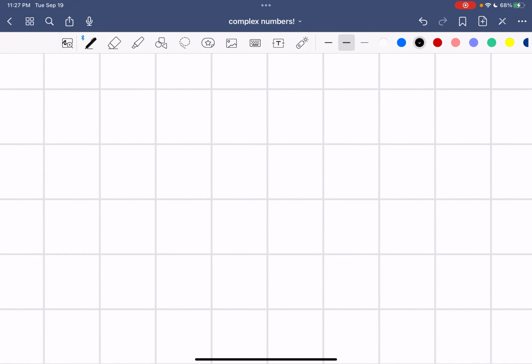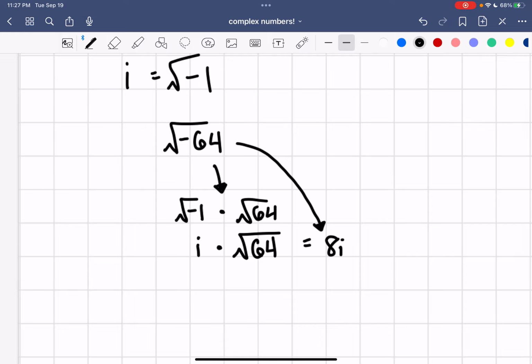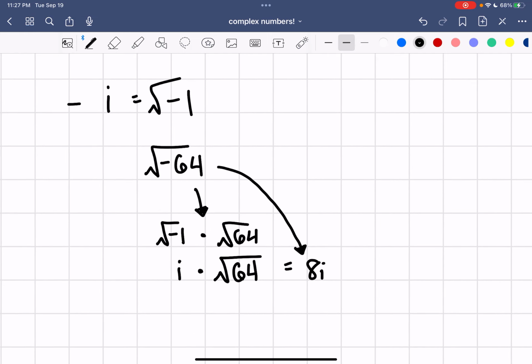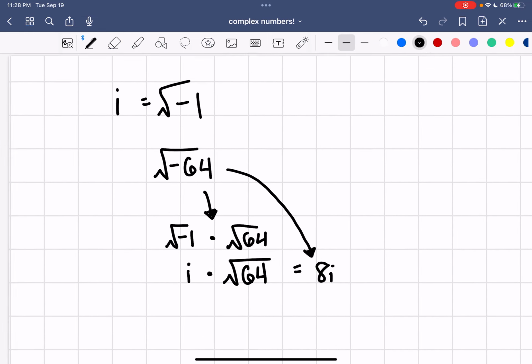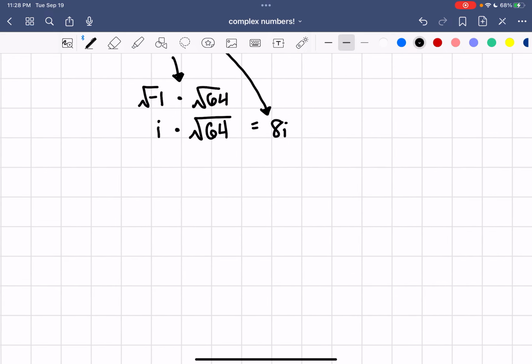Anyway, so complex numbers. This is not a complex number. Like, that's not what it's called. It's called, I actually don't know what it's called. I think it's just i, right? Let me see.